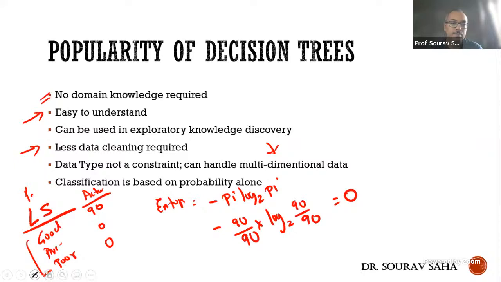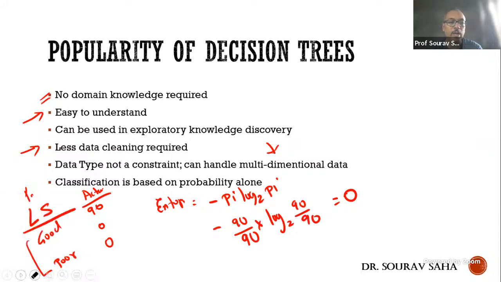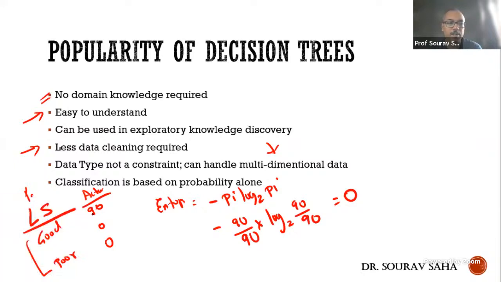If it happens the other way, let me just remove one of these, good and poor, and work with 2 of them. Let's say you get 50 good, 50 poor.